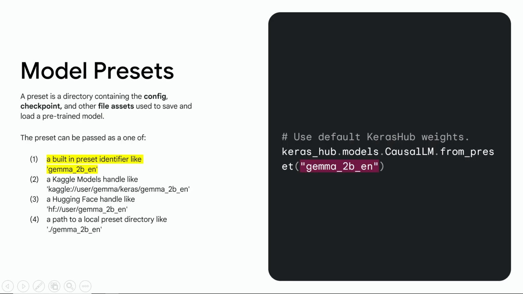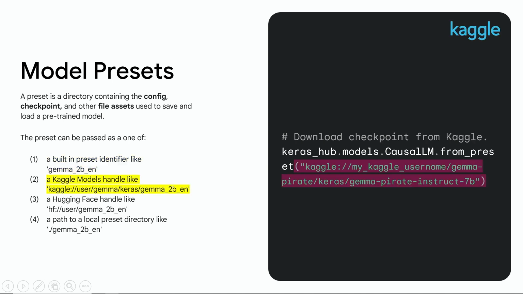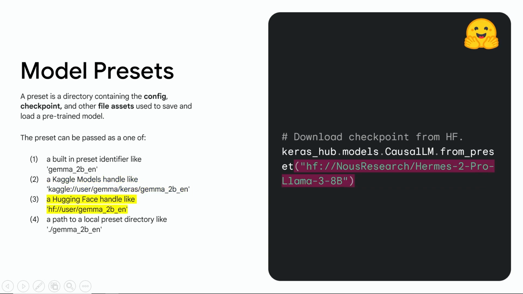You can call .from_preset on a built-in Keras identifier, so you are just pulling the default weights in Keras Hub here. Then you can also do the same with a Kaggle URL or a Hugging Face URL.